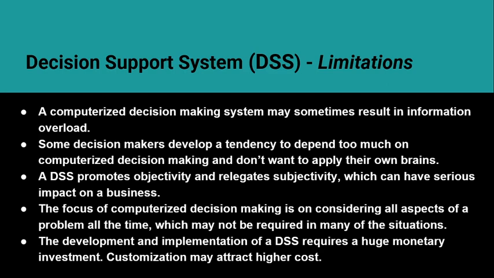It will consider the quantitative area, but it may not consider the qualitative area, which may be an important factor in taking any decision, and can have a serious impact on a business. So that has to be kept in mind. This is an important limitation of this system.